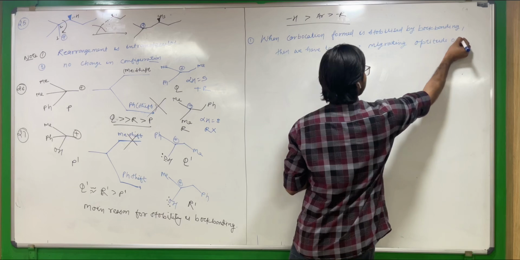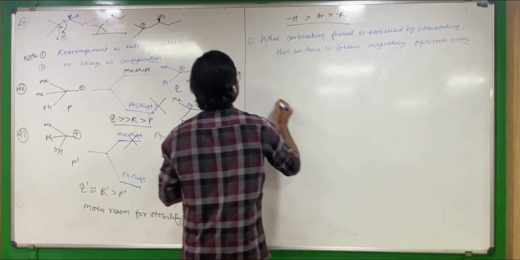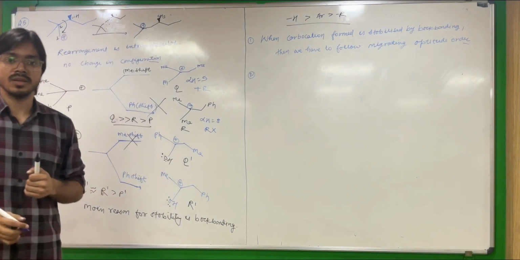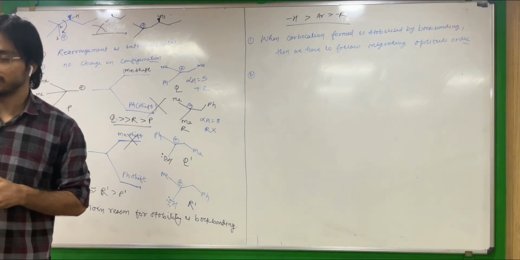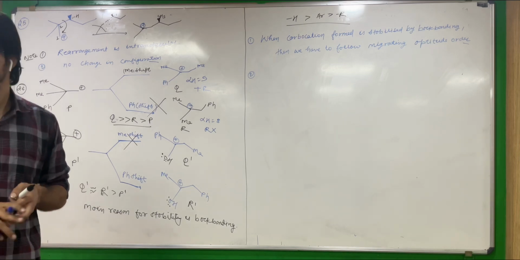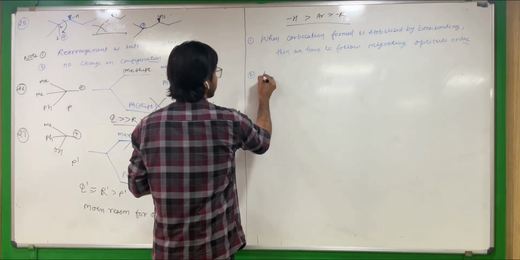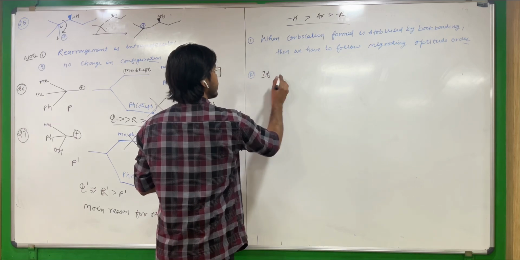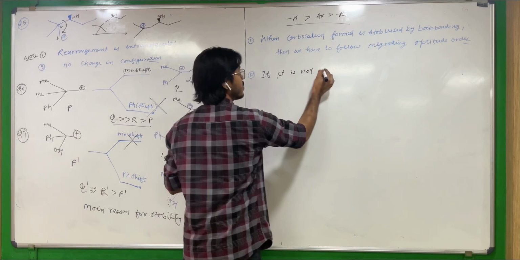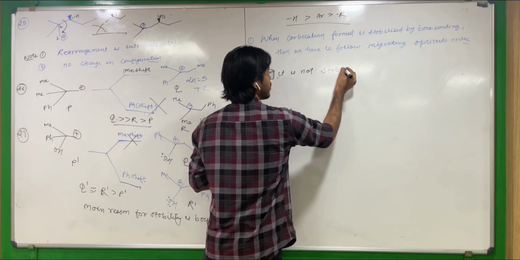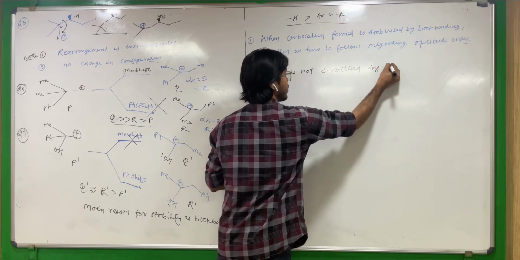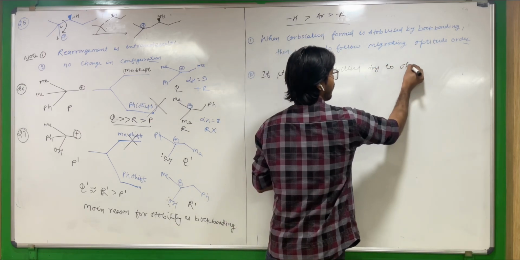If not, then you have to make the most stable carbocation. If it is not stabilized by back bonding, try to obtain the most stable carbocation.